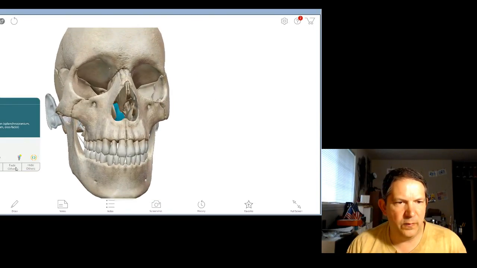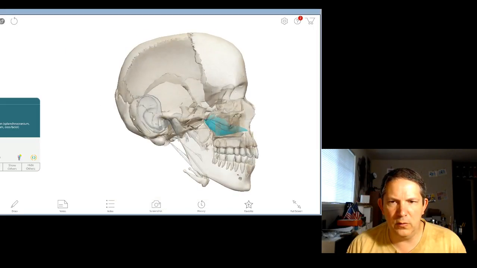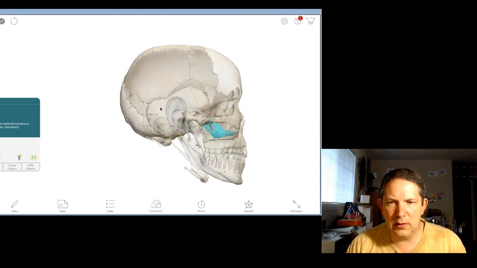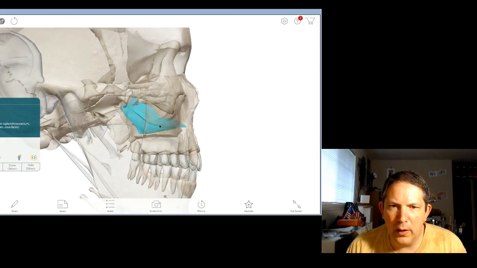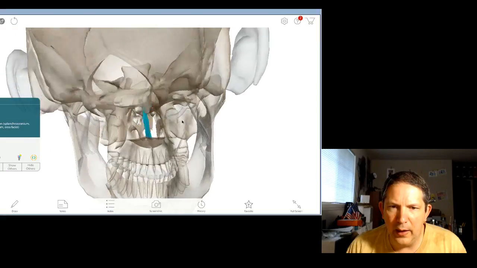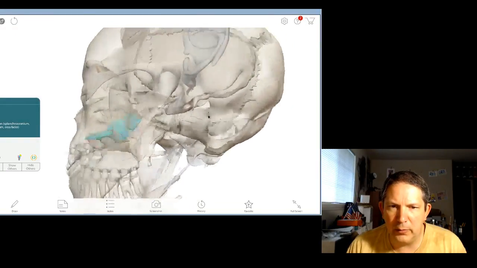And if we fade others and turn the view, you can see that it's shaped like a plow, and there it is, it's very much shaped like a plow.